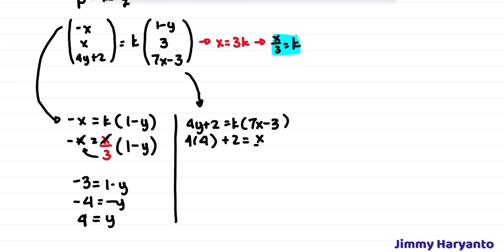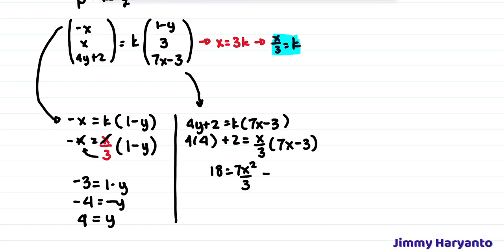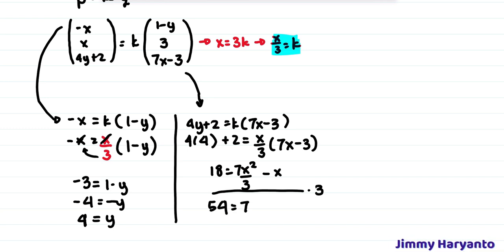The k is x over 3 times 7x minus 3. Okay, so right now we have 6 right here equals x over 3 times 7x minus 3, let's multiply that out: 7x squared over 3 minus x. And then you multiply them all by 3, you'll have 18 equals 7x squared minus 3x.